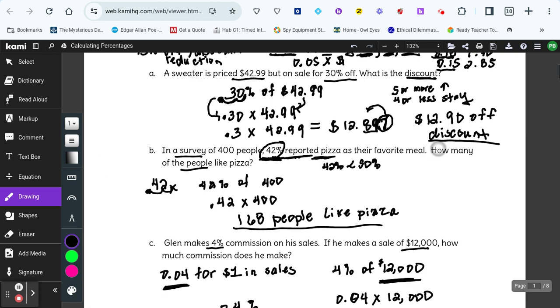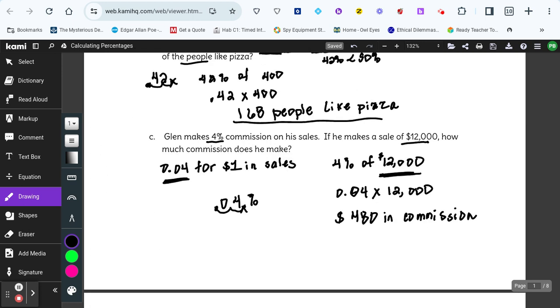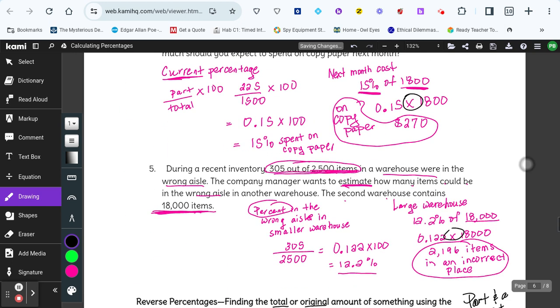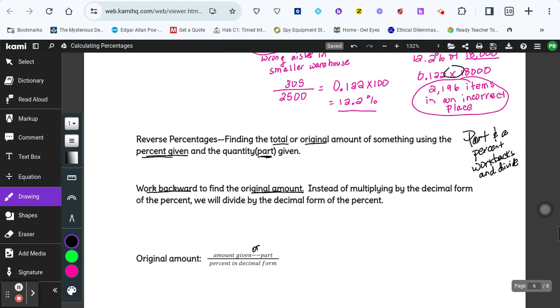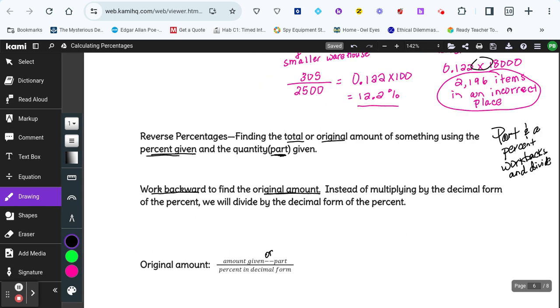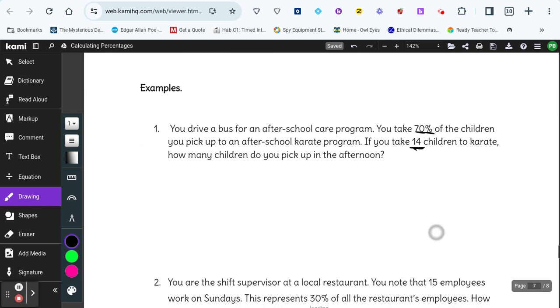Like here, I know the total amount of people in the circuit was 400. Here, I know the total amount of sales was 12,000. But you can multiply if you get the total and the percent. You might want to write this down somewhere. But if you get the part and the percent, you're going to work backwards and do the opposite of multiplication, which is division, okay?